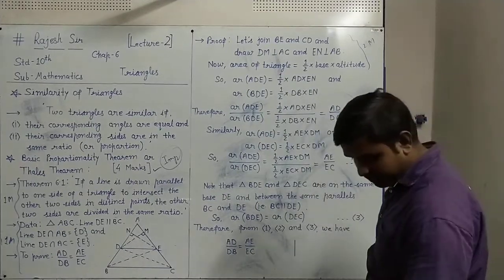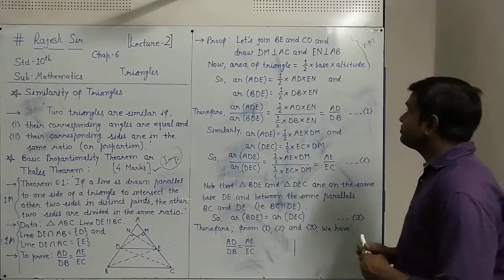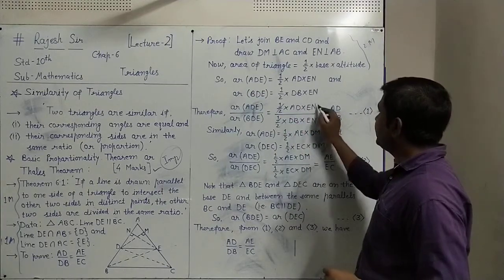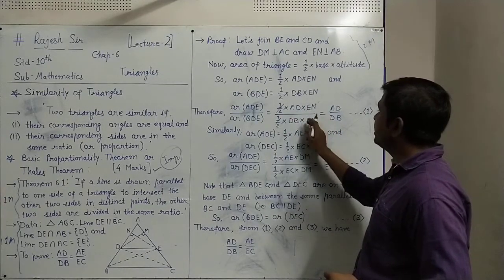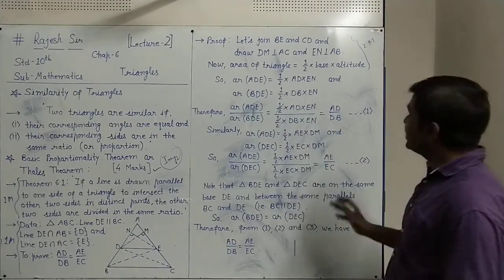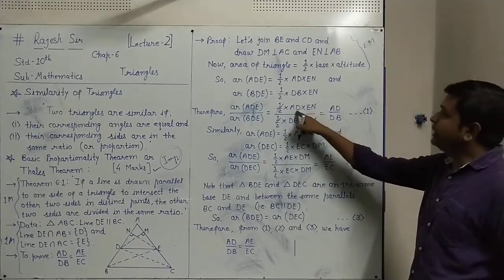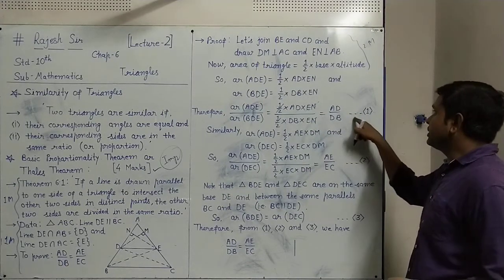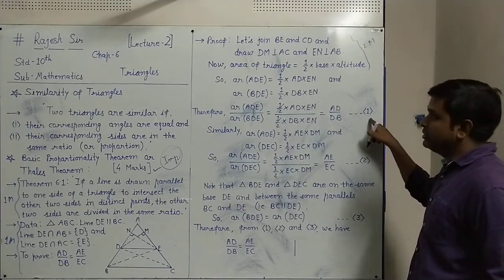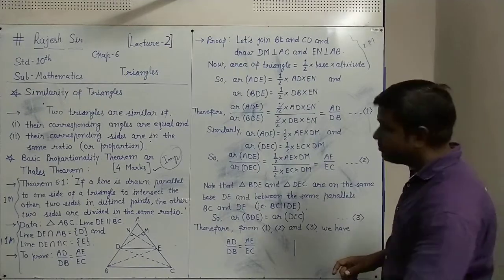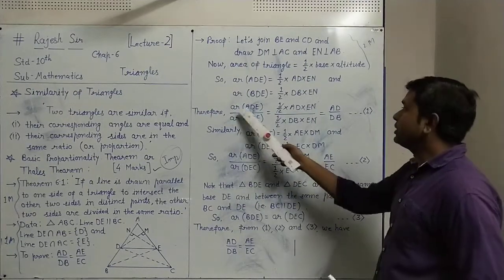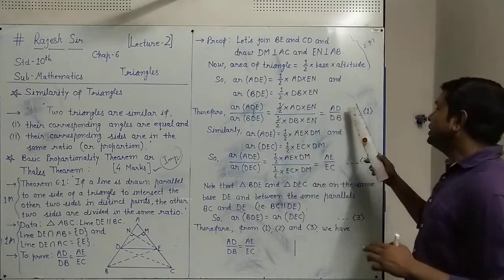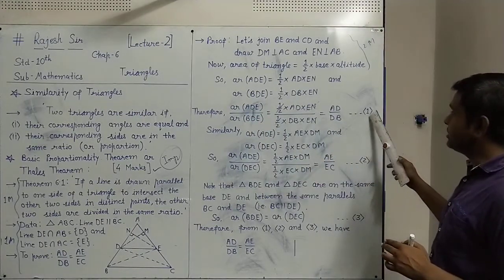Now the upper half and lower half cancel, and the upper EN and EN cancel. What remains is AD on top and DB below, so AD upon DB. Call this result 1: area of triangle ADE upon area of triangle BDE equals AD upon DB.